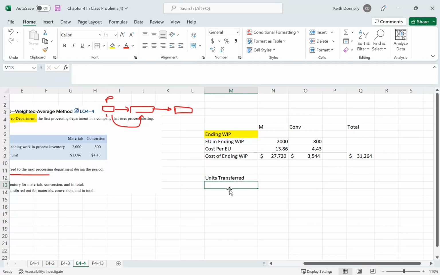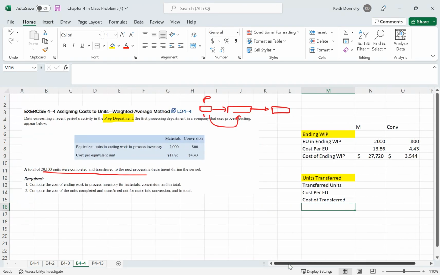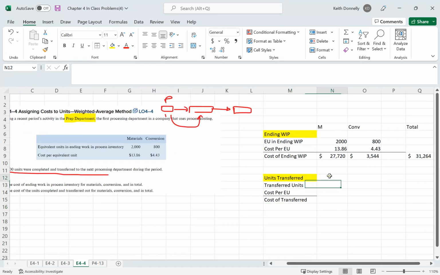The idea here is it's going to be the transferred units, how many we transferred out, times the cost per equivalent unit. That's going to give you the cost of the units transferred, which they're asking for there.